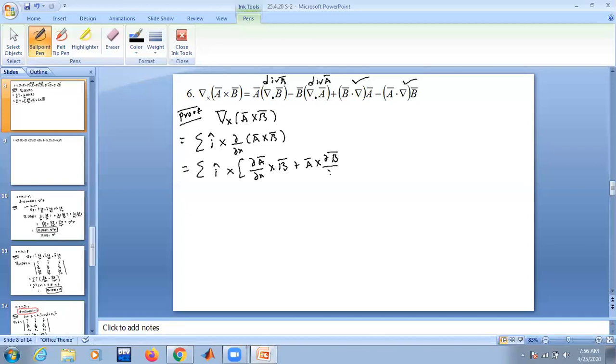Okay. Now separate the terms. I can write it as sigma I bar cross dou a bar by dou x cross b bar, plus summation I bar cross a bar cross dou b bar by dou x.